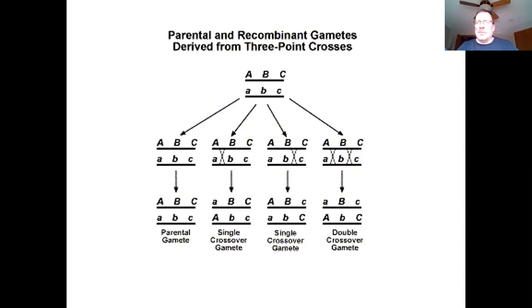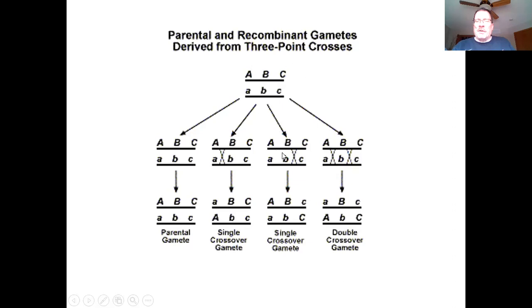What you see here is we have our alleles, one set of alleles all capital, all so-called dominant, and the other set of alleles all recessive. You will get some with the parental gametes, and you can have crossing over between A and B, and that's called a single crossover.